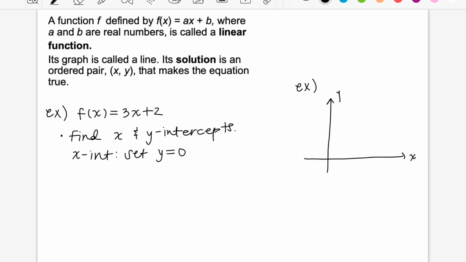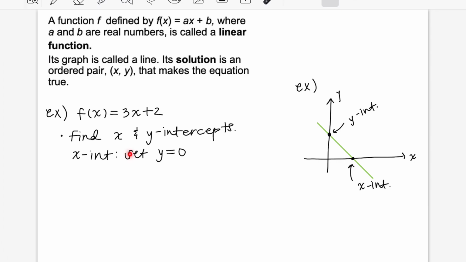If we have a line that looks something like this, then this point here is called the y-intercept. It is where our graph here intercepts the y-axis. And then this point here is called our x-intercept. It is exactly where our graph intercepts our x-axis.